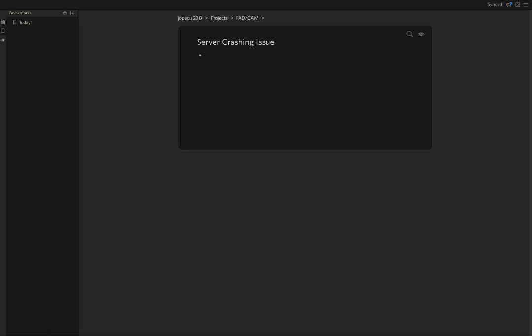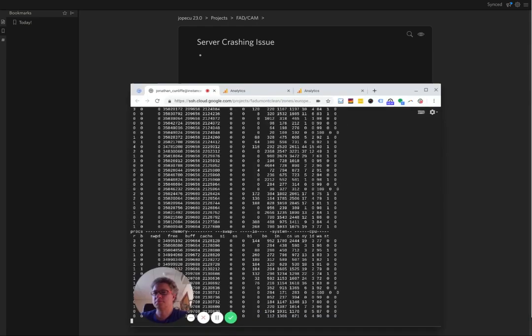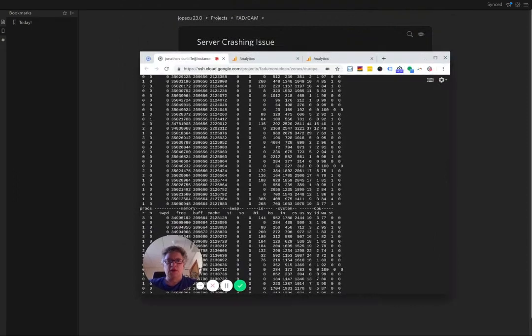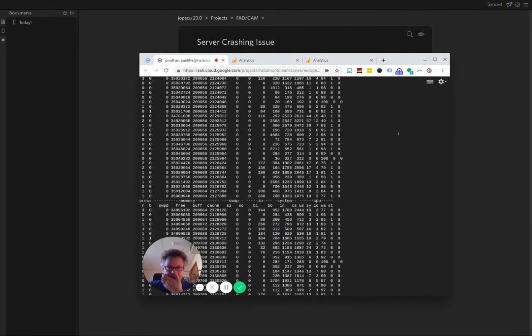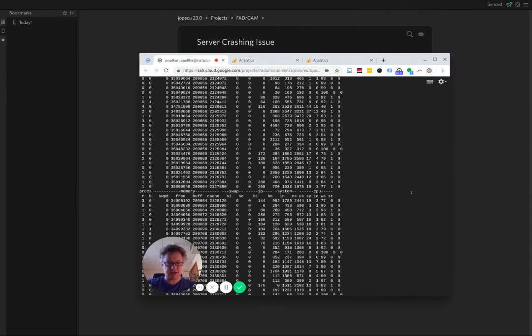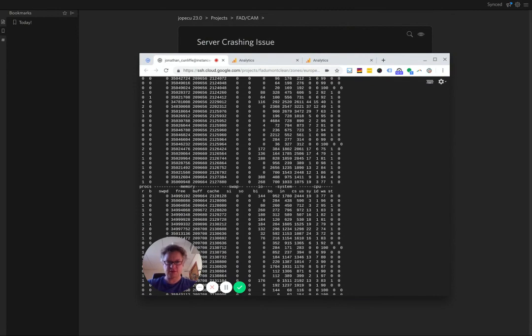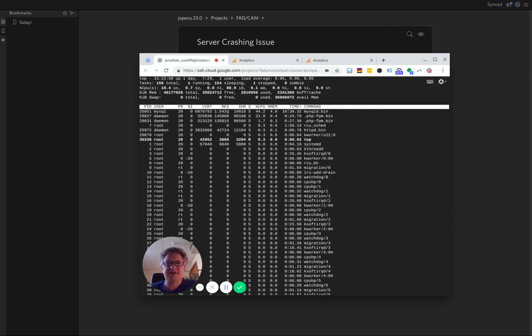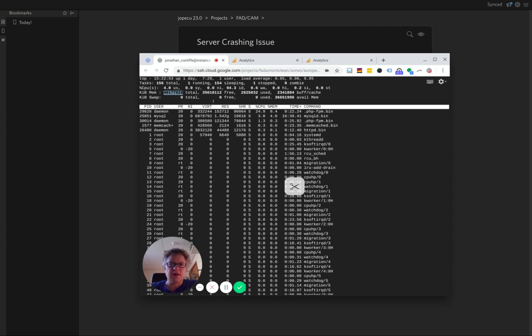If I just pull it down. Okay, so basically you can see on here, let's just have a quick look at top. You can see on here that this machine, and it's only temporarily got this, but it has got 40 gig of memory.